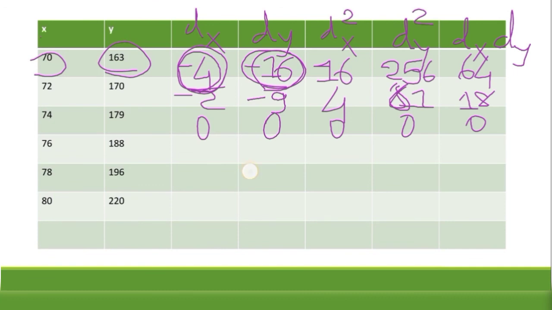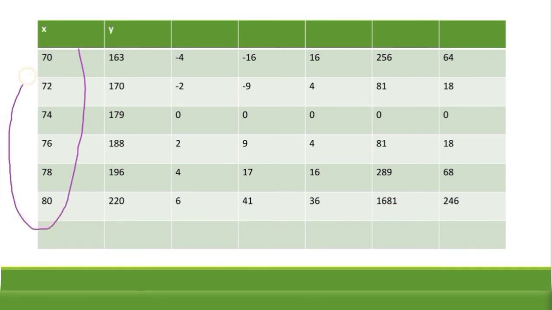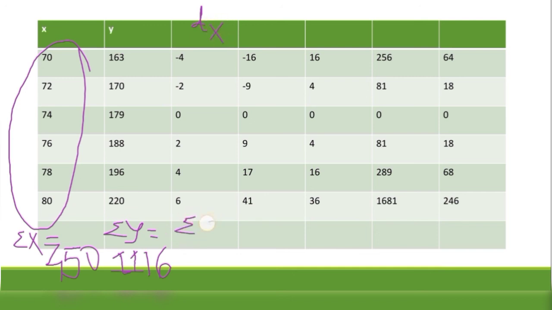Then the next step is to find out sigma x. Adding these values, we get sigma x equal to 450. Then adding the values of y, we get sigma y equal to 1116. Then sigma dx is equal to 6.